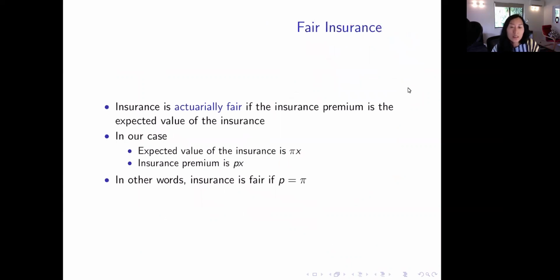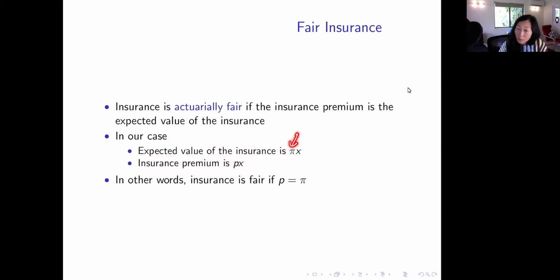So insurance is actually really fair if the insurance premium is the expected value of the insurance. So in our case, the expected value of the insurance is pi times X. The insurance premium is P times X, right? The expected value of the insurance, right?